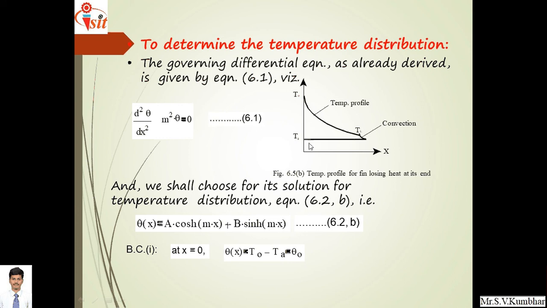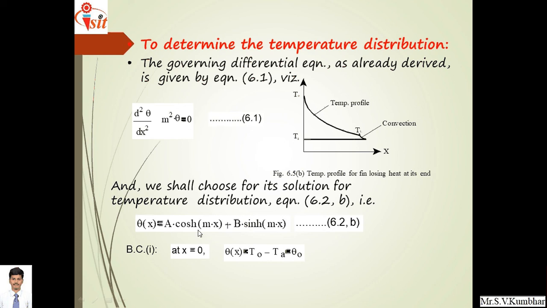As Ta is the ambient temperature and T0 is the base temperature, from the tip there will be convection, and this is the temperature profile for the temperature drop from base temperature to its temperature at its length. Now we will choose its solution for temperature distribution as theta x is equal to A cosh mx plus B sinh mx, that is equation 6.2b.